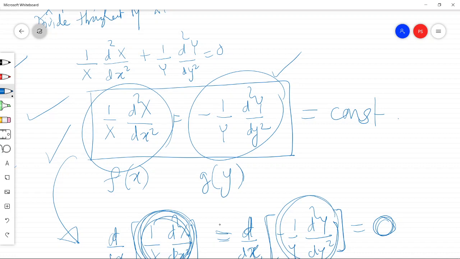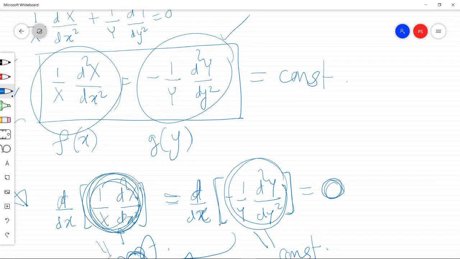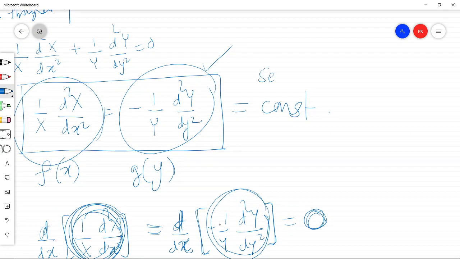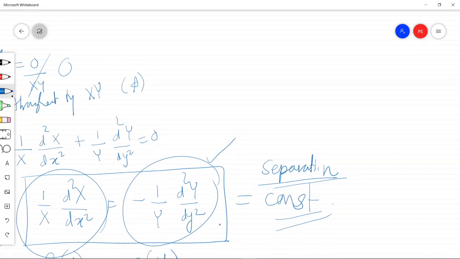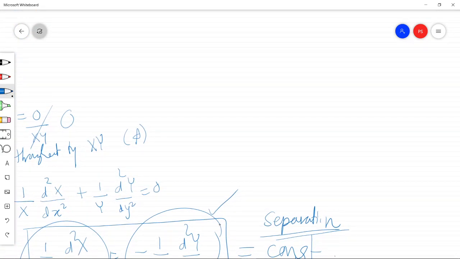That constant, since we have now separated the variables, is called the separation constant. So let us equate these two quantities independently to that constant. We write 1 by X d2X by dx squared is equal to, say, minus lambda.